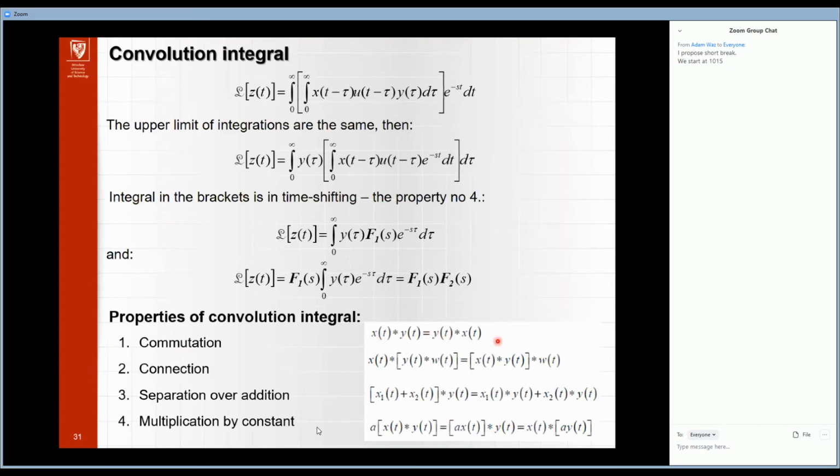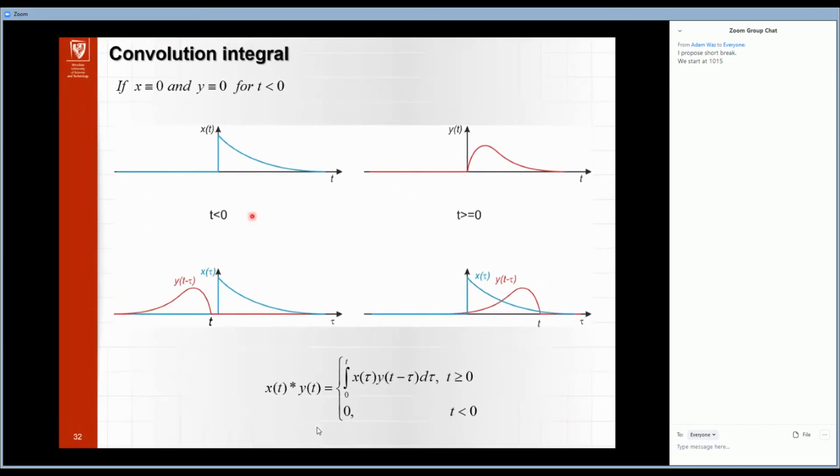And they are collected in this table. Here I put some functions to show you what convolution is. We have the first function and the second function, and for t less than 0 and another tau, these functions are separated, and the convolution is non-zero only for t more than 0.